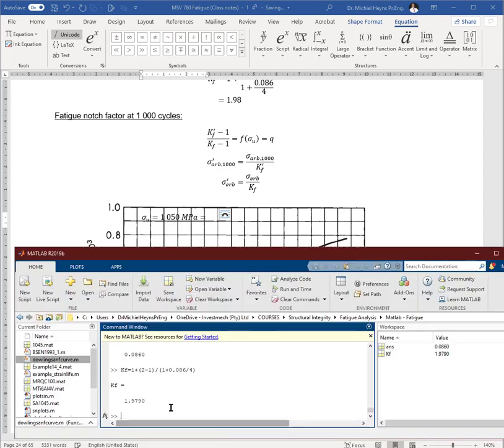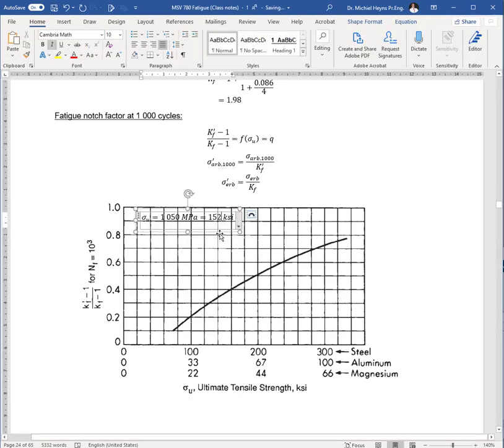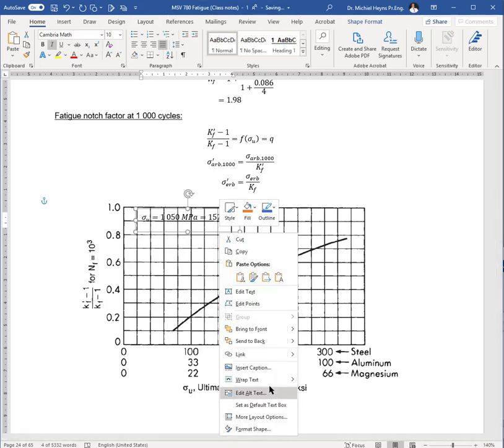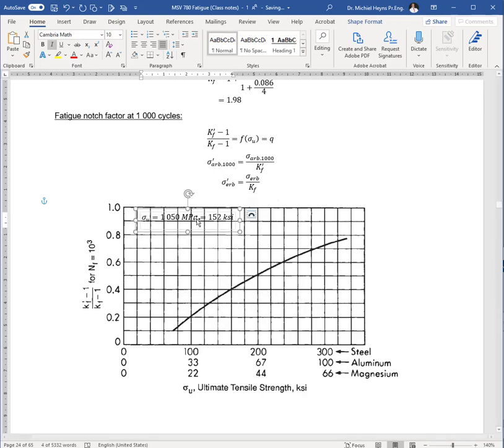So let's do this quickly here. 1050 divided by 6.89 gives us 152 KSI. Let's make this little block clear so that you can all see it. Let's fill it and make sure it's a box that can be clearly seen, and move it a little bit up there.